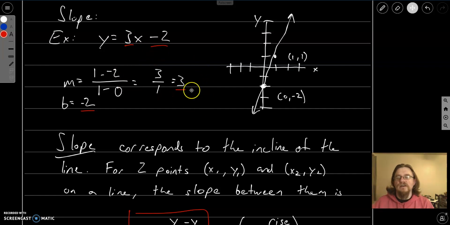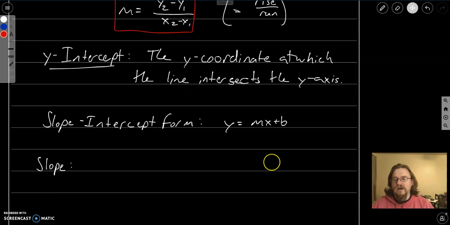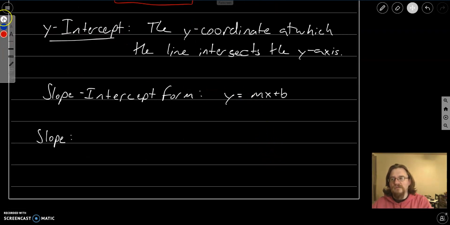This is actually a very nice way to describe the equation of a line. So for the slope-intercept form, we have y is equal to mx plus b. If we see an equation written as y is equal to mx plus b, we know that this is going to be a straight line, and we can read off the slope and the y-intercept. Let's check and make sure that we understand exactly what's going on.